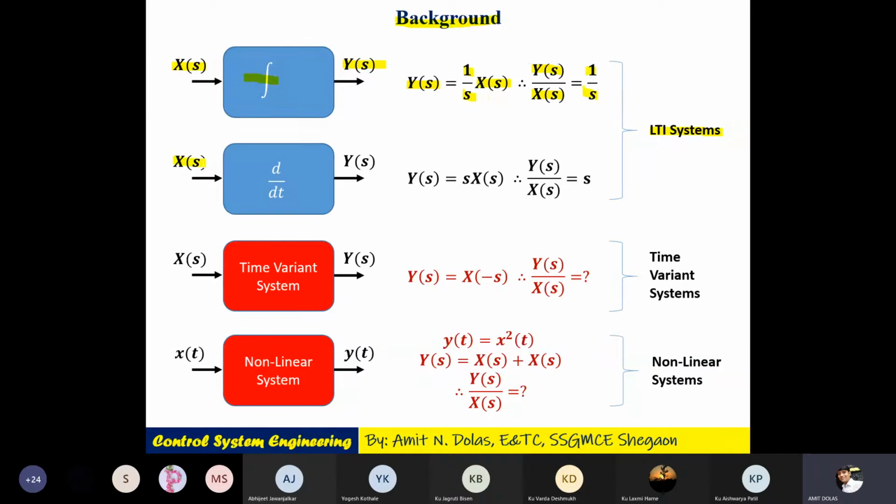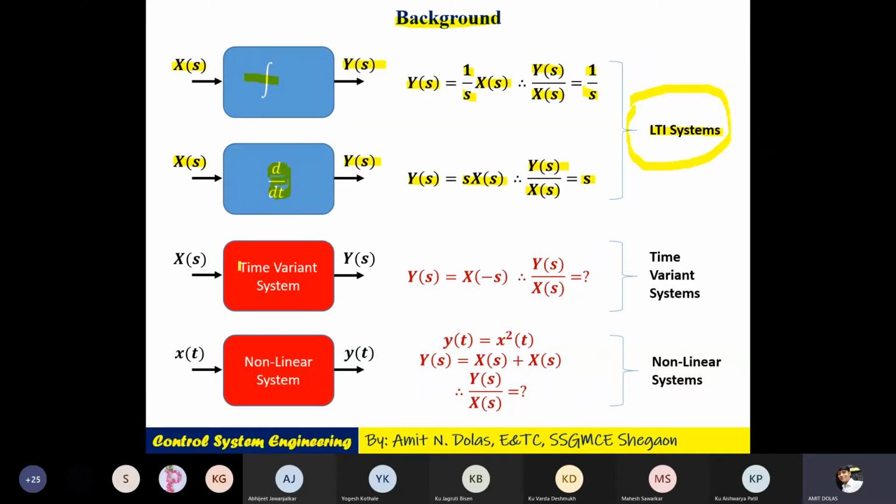Then if y of s is the derivative of x of s, then y of s can be written as s into x of s, that is, the transfer function in s domain will be equal to s, which is nothing but the derivative. So this is all about a linear time invariant system.